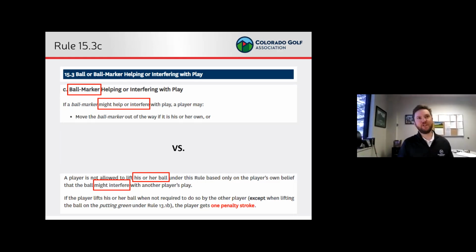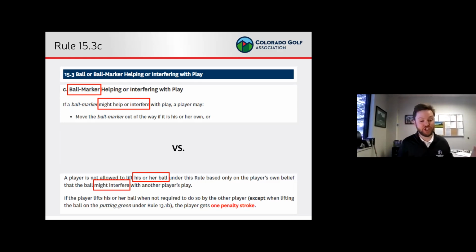Whereas if you're having to be invited when your ball's interfering with play off the putting green, you're getting the ball in your hand and you're not cleaning it, but you're really disturbing your true lie. You're picking the ball up, and when you put it back, although you're recreating it, you really can't recreate the essence of what your lie truly was, especially if there's a lot going on around it. Again, you get it to the best it was. So I think the difference is that 15.3c is inferring putting green, where you're marking it and lifting it anyway, so you don't have to be invited.